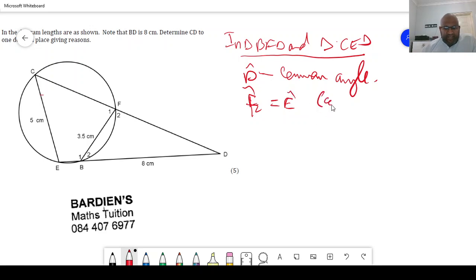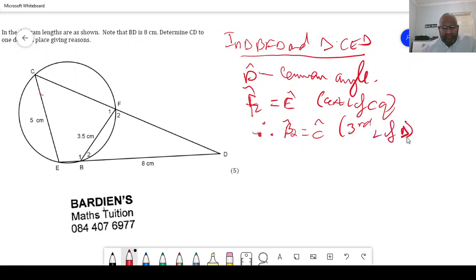Because the exterior angle of a cyclic quad. So I can conclude therefore the last angle, which is B2, has to be equal to angle C. Why? It's the third angle of a triangle. Or we could have said exterior angle is equal to the interior opposite of a cyclic quad.